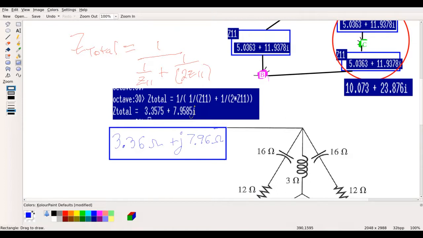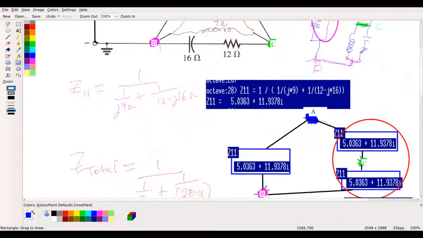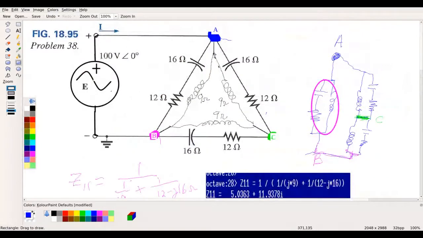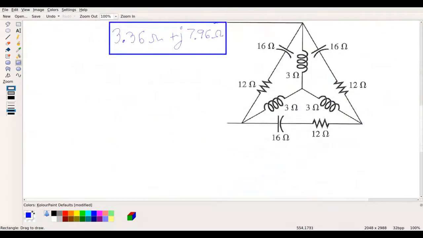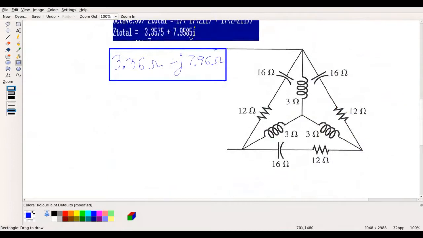Okay. So then, looking at the original circuit, we were applying a voltage of 100 volts angle 0. So now that we have a Z total, we can calculate the total current coming into this circuit using Ohm's law.